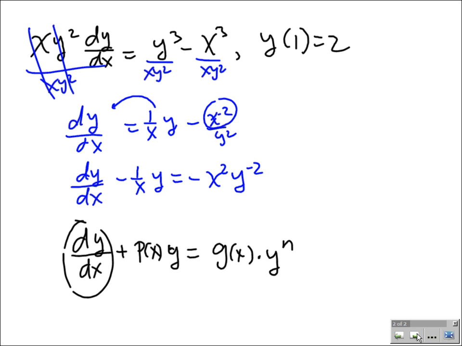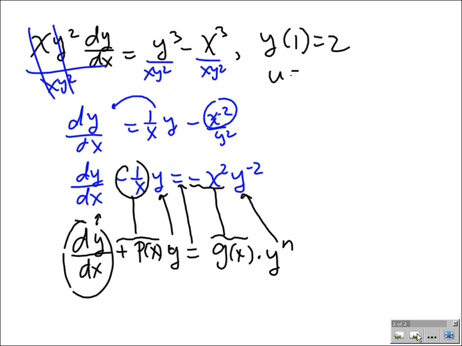So dy/dx plus p of x times y is equal to a function of x times y to a power. The power is negative 2. Now we know the substitution is u is equal to y raised to the 1 minus n. N is not 2. N is negative 2.